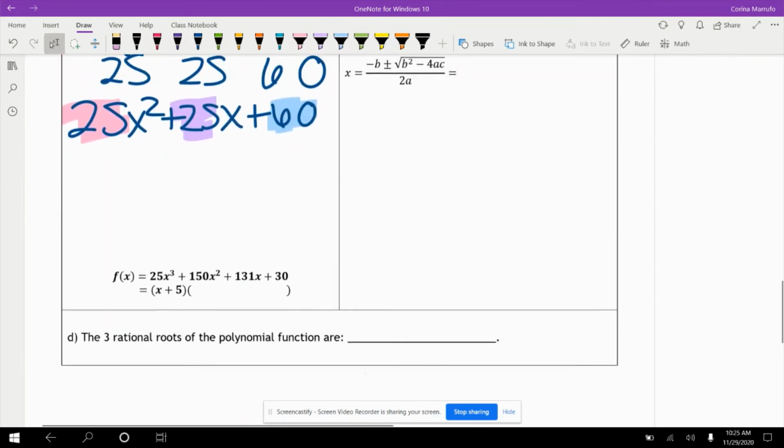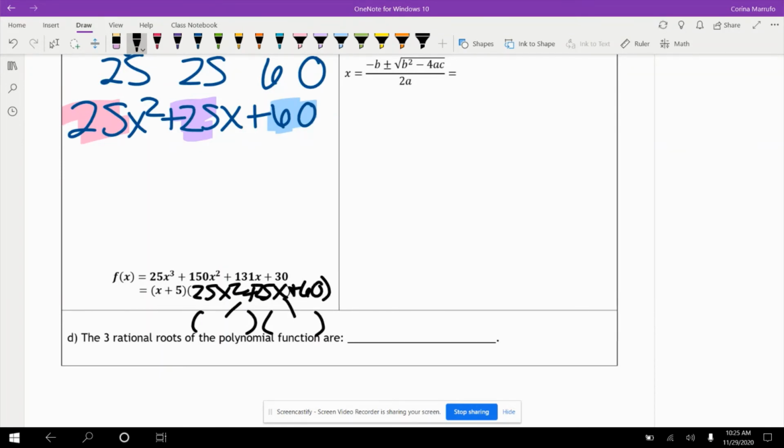So here it just gives a little explanation. 25x to the third power plus 150x squared plus 131x plus 30 is going to give us x plus 5 times what we got here, 25x squared plus 25x plus 6. And we have to break this down into 2 other factors.